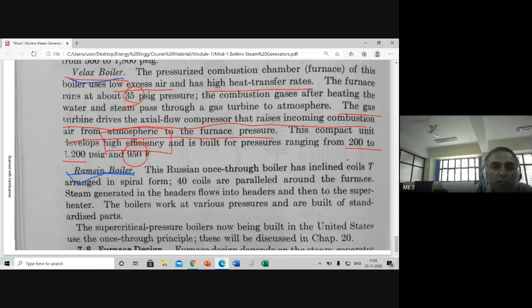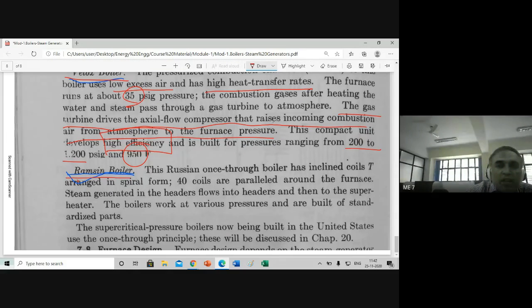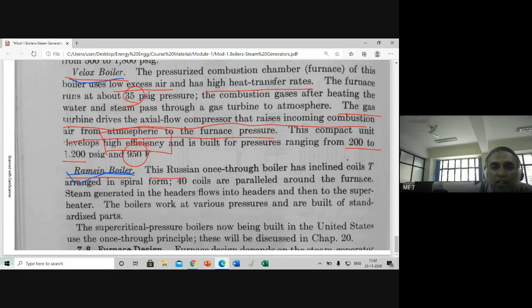Now I am going to the Ramsin boiler. This Russian once-through boiler has inclined coils arranged in spiral form. 40 coils are paralleled around the furnace. Steam generated flows into headers and then to the superheater.